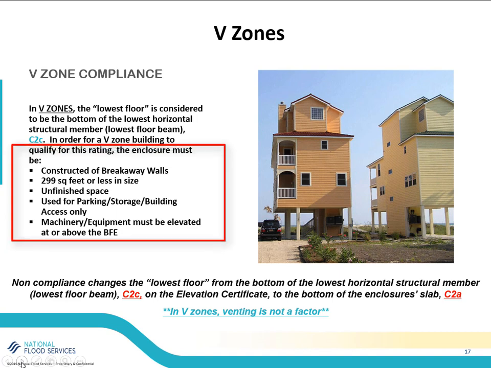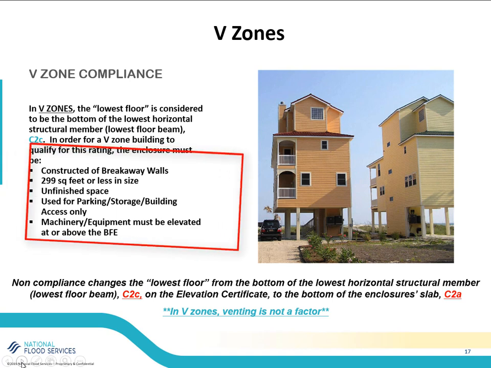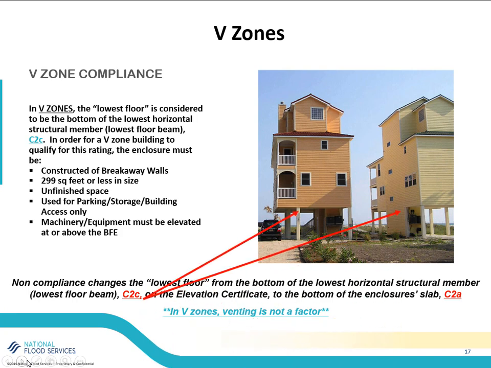Any machinery and equipment must be elevated at or above the base flood elevation. If compliant, an enclosure in a V zone would rate from C2C of the elevation certificate. However, if the enclosure is not compliant, the floor for rating would be C2A minus a foot, or 1.5 feet for commercial structures.